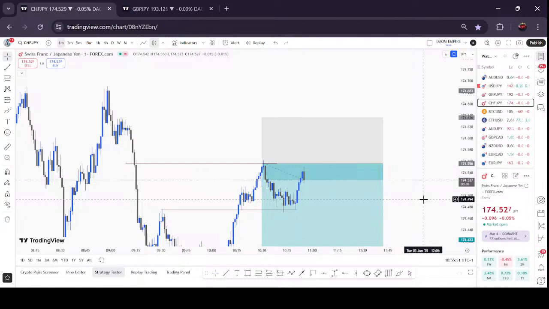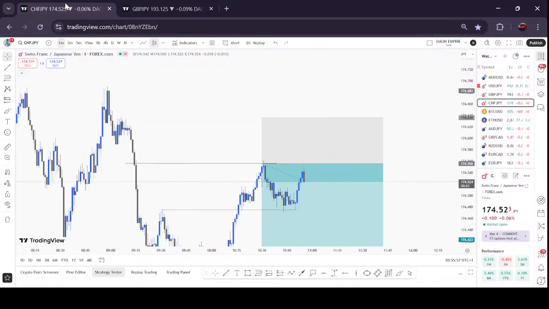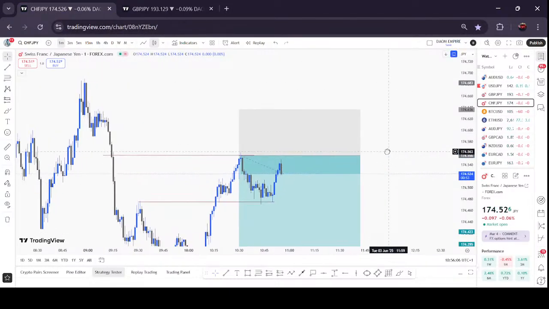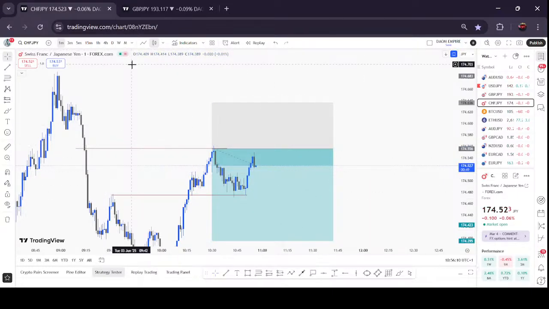DJ is rejecting from that area, while our CJ2 is trying to push down. Let's just hold on to our position, ladies and gentlemen.